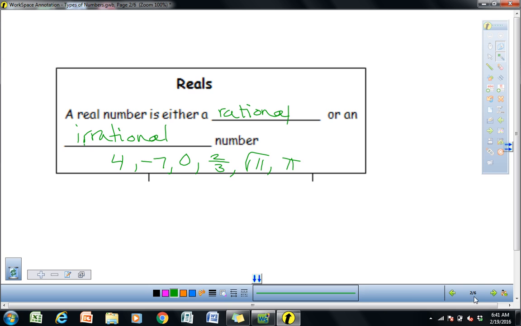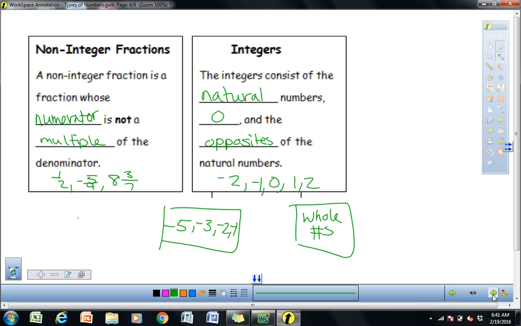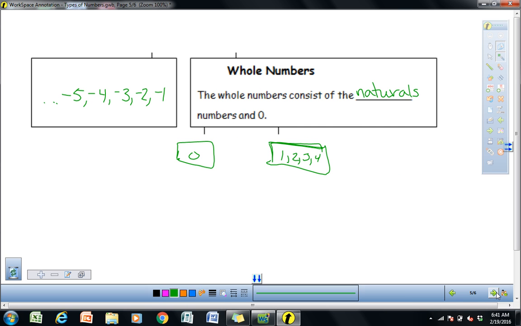All right, flip your paper to the back, and you are going to fill in your chart. On your chart, you are going to mark which of the following boxes it belongs in. Like number 1, negative square root of 17.